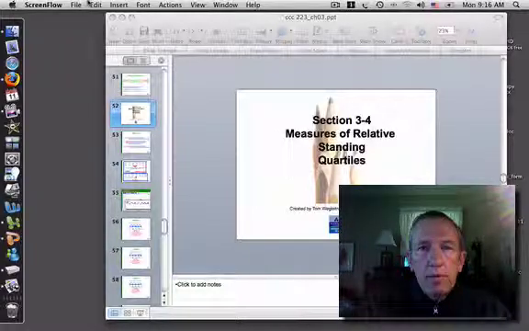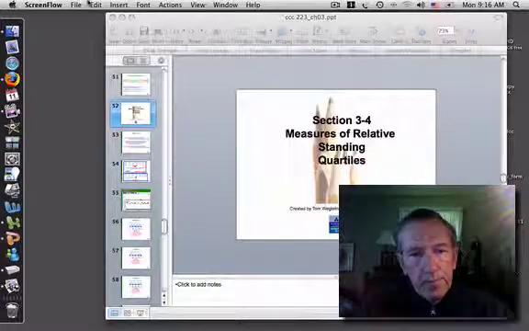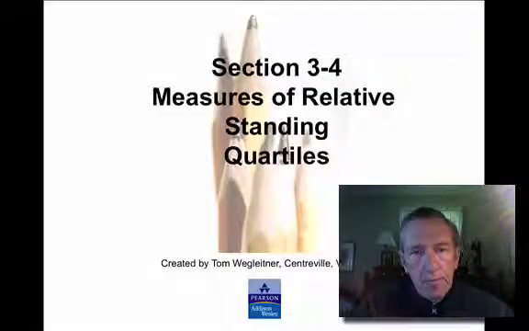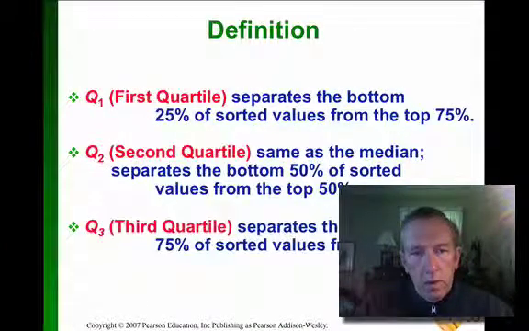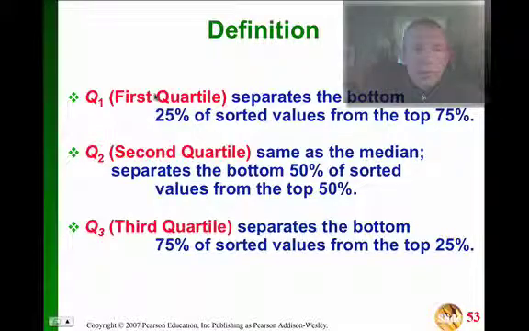Chapter 3, Section 4: another measure of relative standing, quartiles. Quartiles simply break up a data set into four distinct areas, and they do that by identifying Q1, or the first quartile, which is the value that has 25% of the data below it and 75% above.